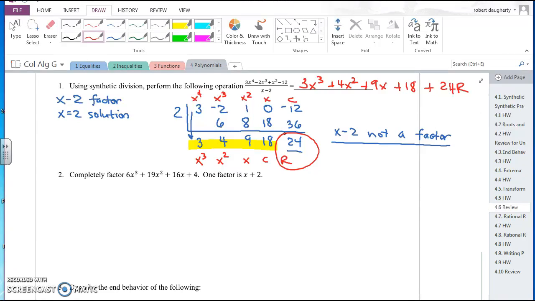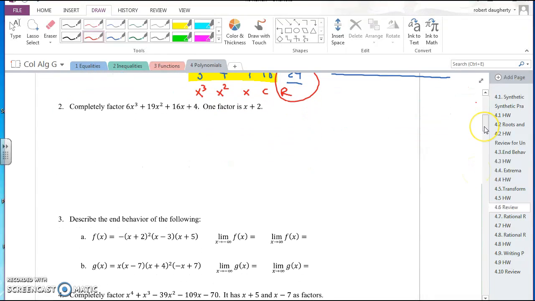Okay. Number 2, I want to completely factor this polynomial given that x plus 2 is a factor. So that means that when I do synthetic division with -2, I should find x plus 2 to be a factor. So 6, and then 19, 16, and 4.